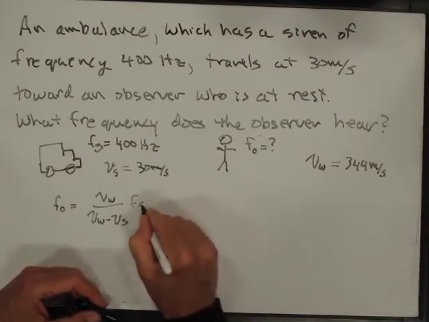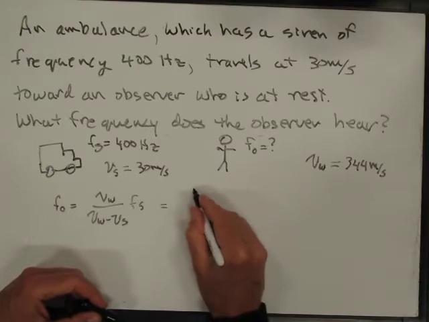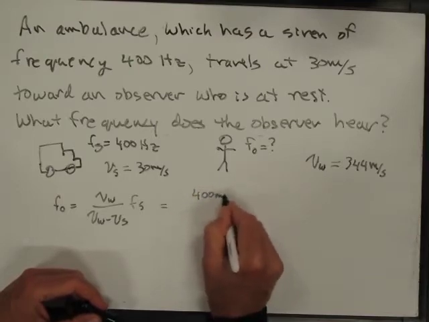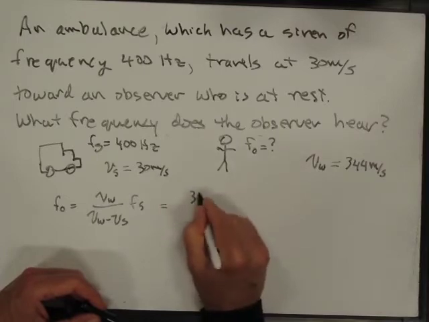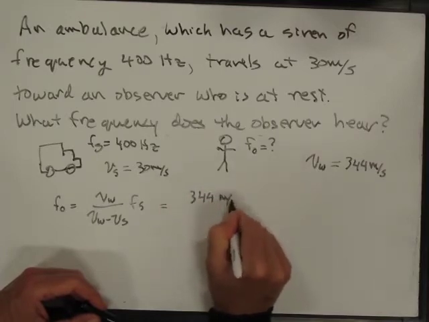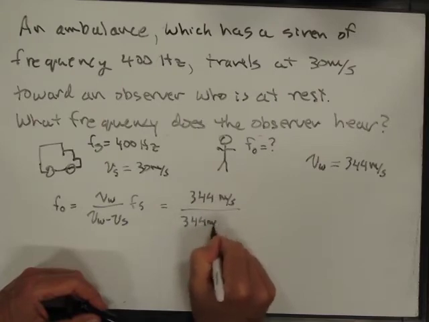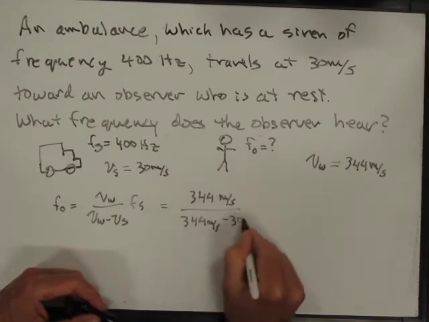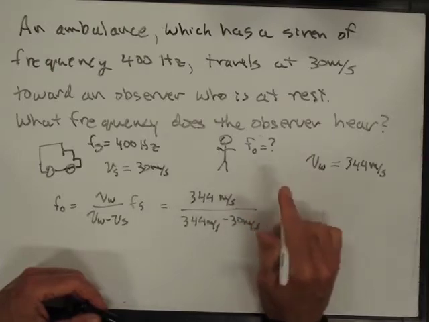And so this formula becomes 344 meters per second over 344 meters per second minus 30 meters per second times 400 hertz.